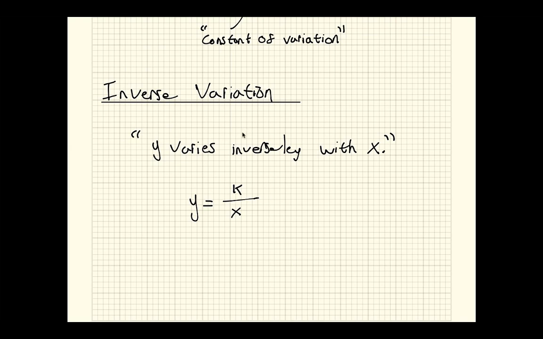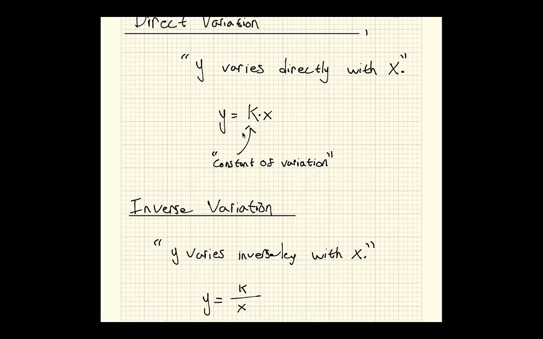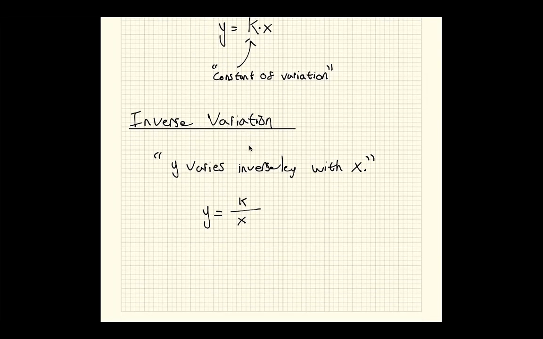Typically, if you increase x in direct variation, that should increase your y. If I increase the number of gallons I purchase, that increases my total. However, with inverse variation, it should do the opposite.